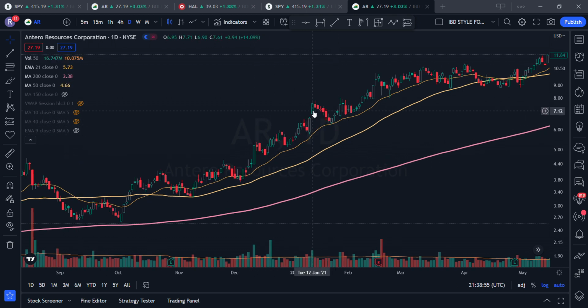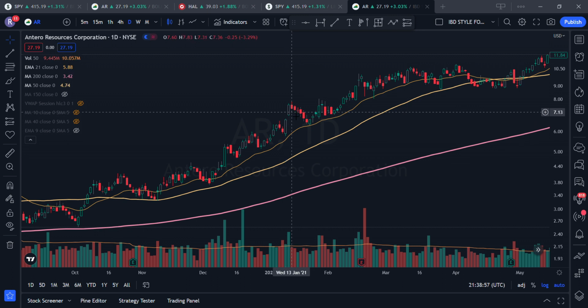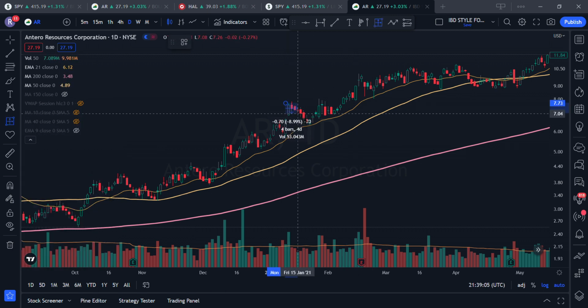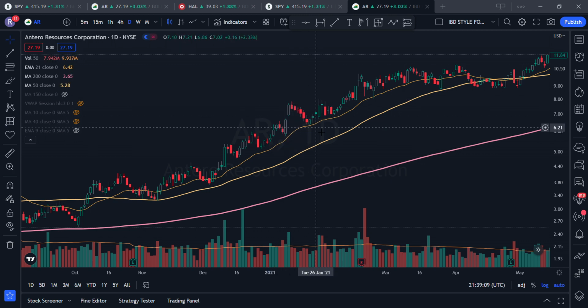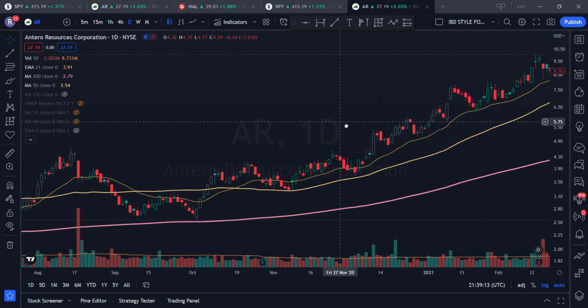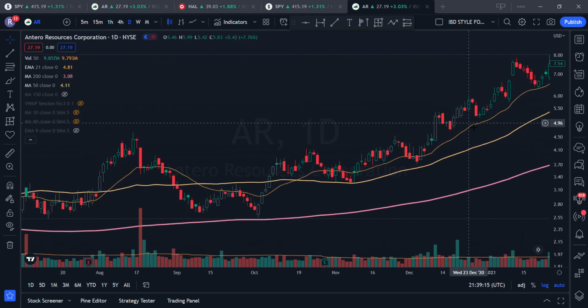Then you saw multiple days, 1, 2, 3, 4, 5, 6 in a row, and price retraced quite a bit, 17%. And then you were still here.